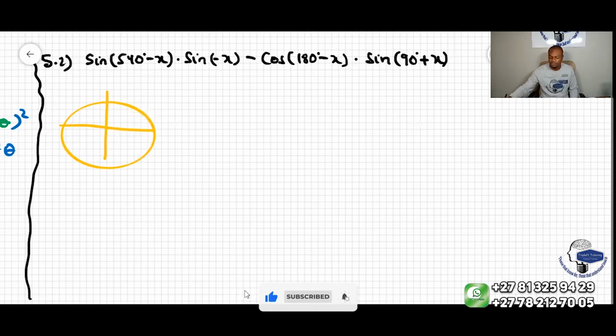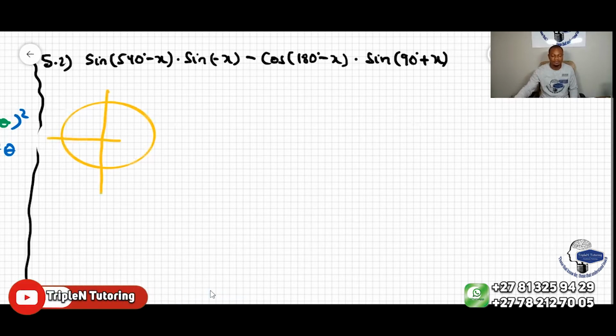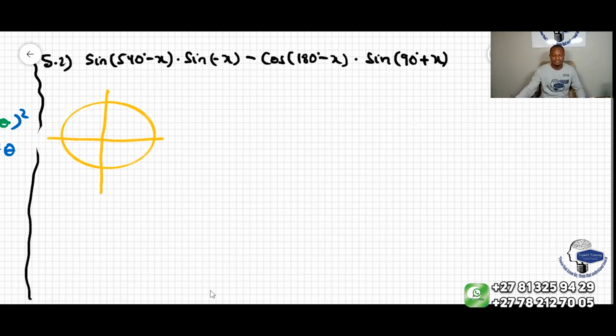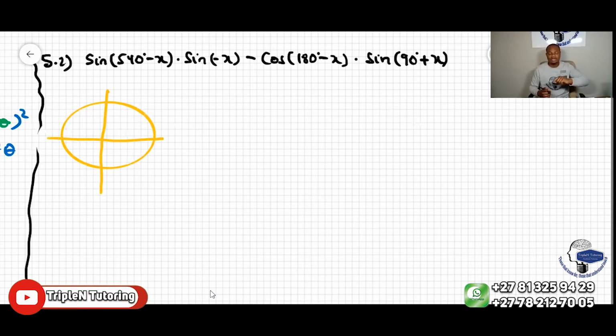A full revolution here is 360 degrees. A complete circle is 360 degrees. But when we see 540, it means we first did the first circle, 360 degrees, and remember that for sine, every 360 degrees the values are the same, a period.